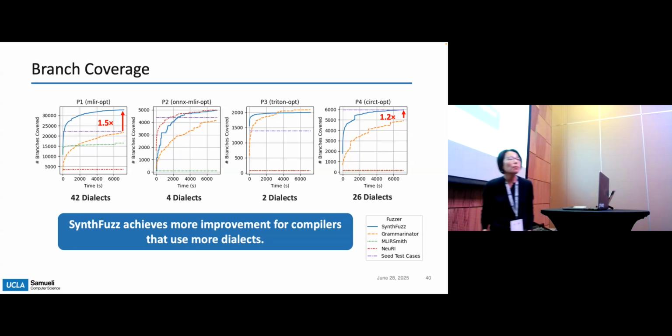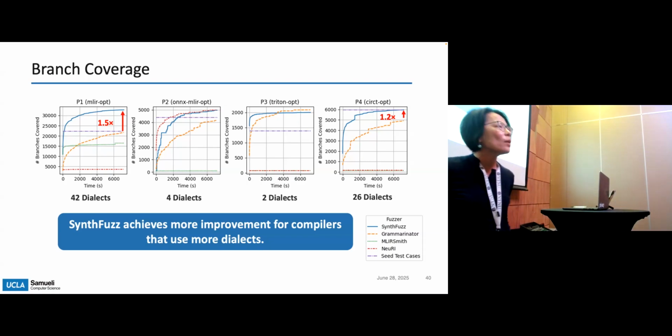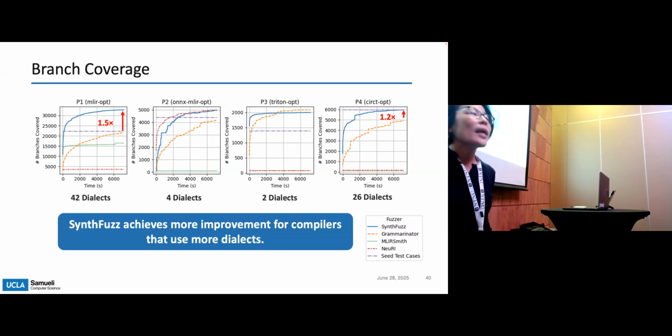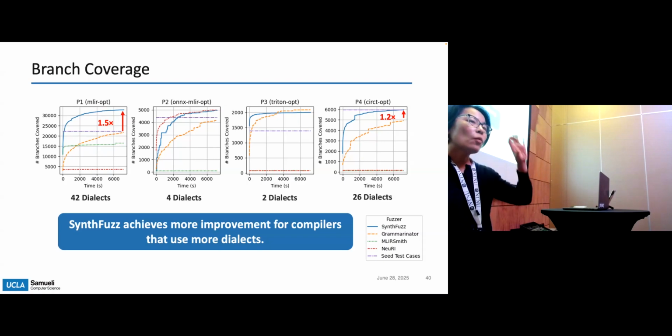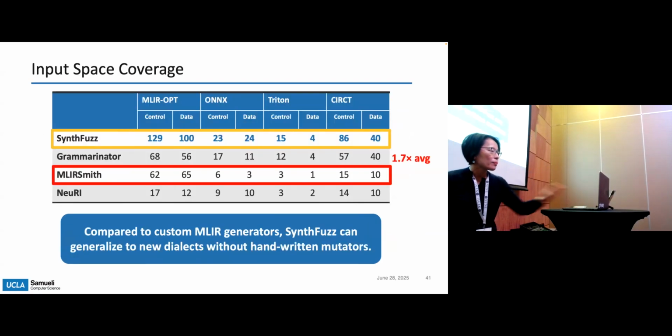Why? Because MLIR Smith and these techniques were released not too long ago, but they cannot keep up with the language evolution or language additions happening in this domain. So it becomes quickly outdated, and therefore that gap is still there when new dialects are being added.